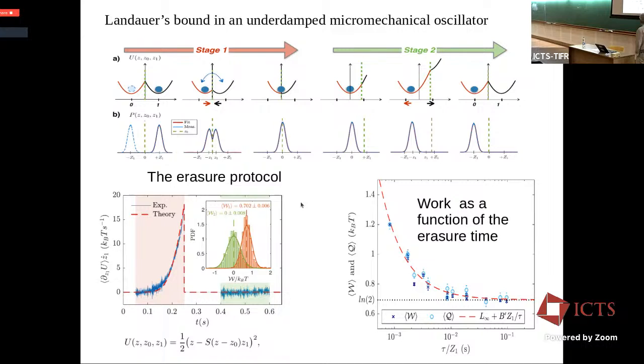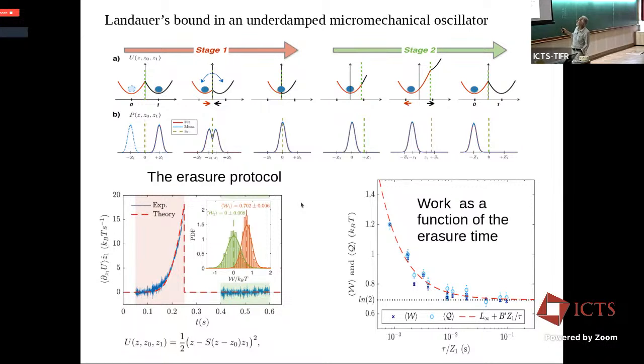And the protocol is the following. You start from the double well, you can be either in 0 or in 1. Then you merge the two wells into a single one. And then once you have put the particle there, you slowly move the particle back to the initial position.